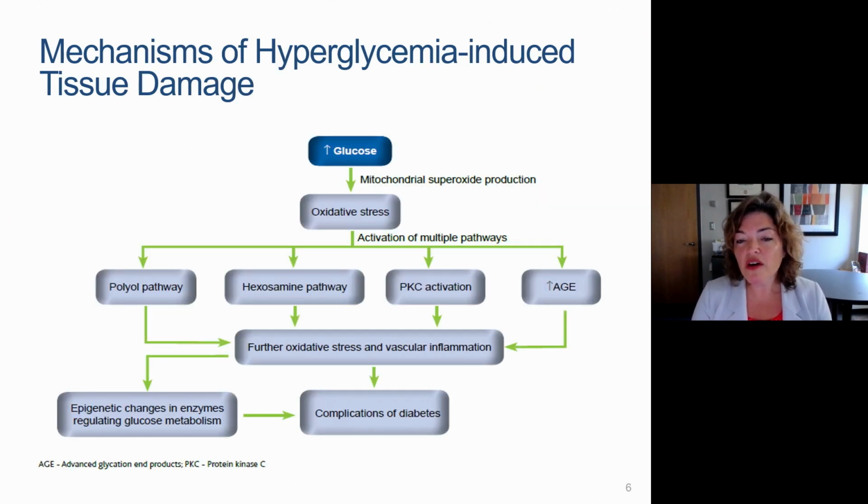So the mechanisms, and we won't go through what you've learned in medical school because I need you to stay awake. But the big picture is that this has not changed. Our knowledge really hasn't advanced beyond this old slide, where glucose, when it's excessive, leads to oxidative stress. And this is basically cells not knowing how to deal with overnutrition.